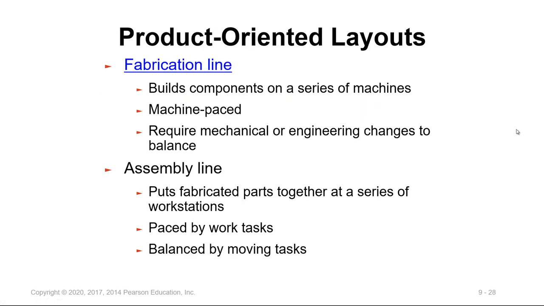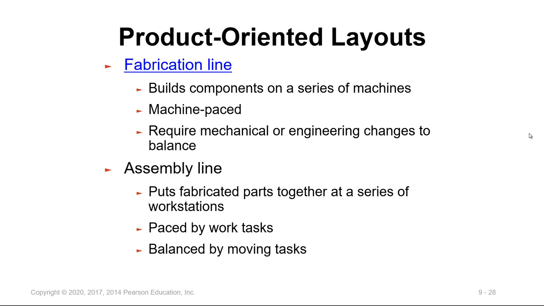As an example of product-oriented layouts, the fabrication line and the assembly line show how those designs are more product-oriented. The fabrication line builds components on a series of machines, and it's machine-based, and it requires mechanical or engineering changes to balance.